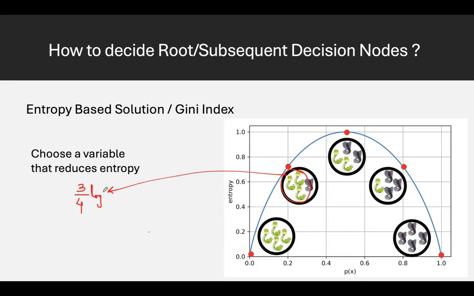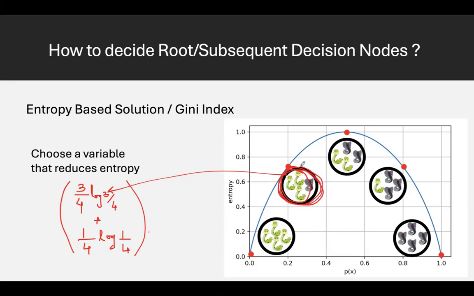And I add the entropy for poisonous snakes, which is 1 over 4. Together this will give me the entropy of this particular circle.